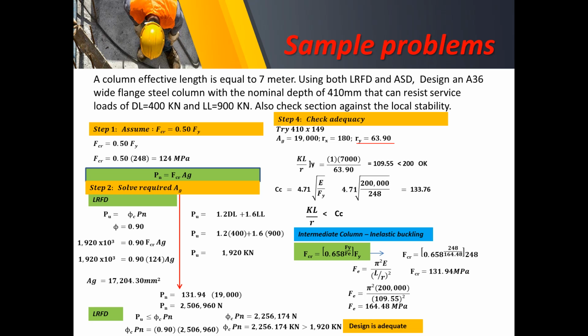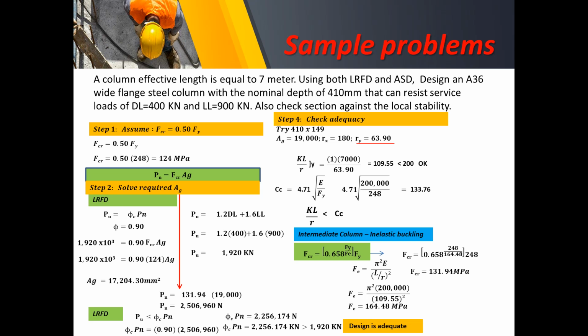Hence, the design here is adequate. Therefore, we cannot yet choose W410 by 149 as the final trial section or the design section, because we still need to check the second to the lowest section, because it is assumed here that the most economical design is always the lightest one.